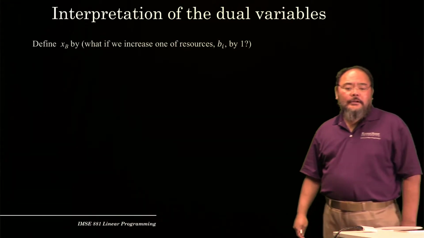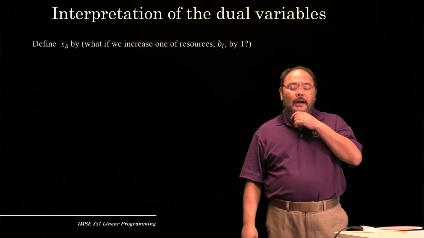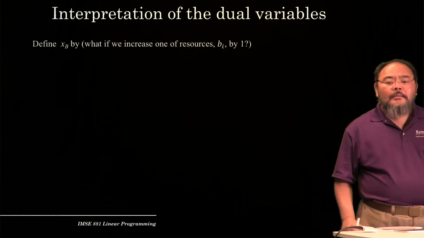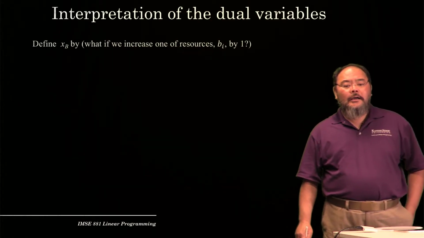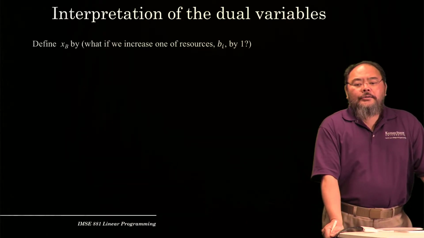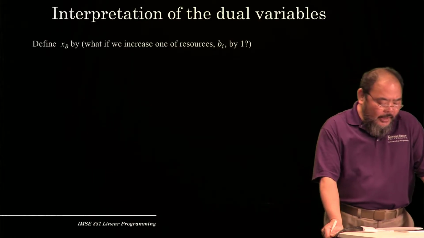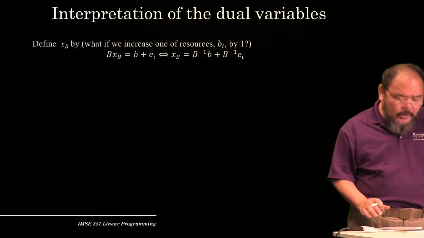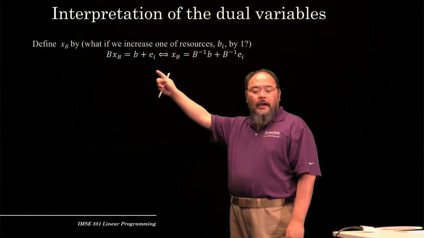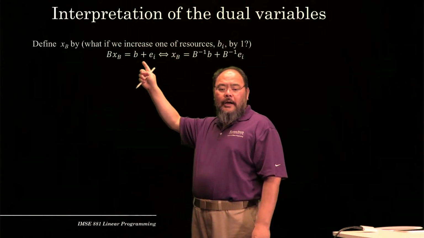On the next slide, we have the definition for the basic variable XB as follows. By the definition of the current basic variable XB, what if we increase one of the resources bi by 1 unit? Let's see what happens. So for now, B times XB equals the right hand side b.